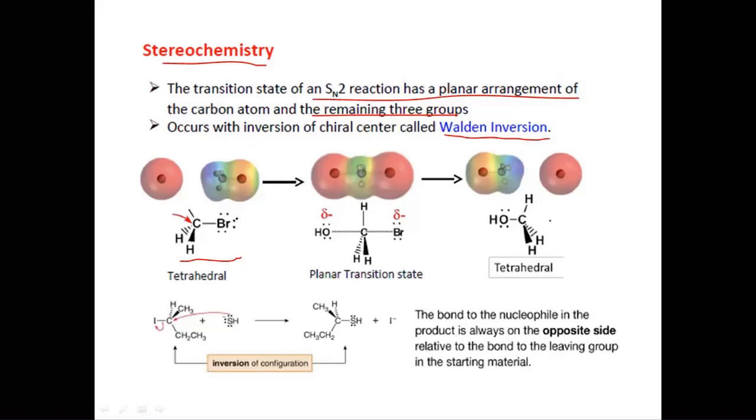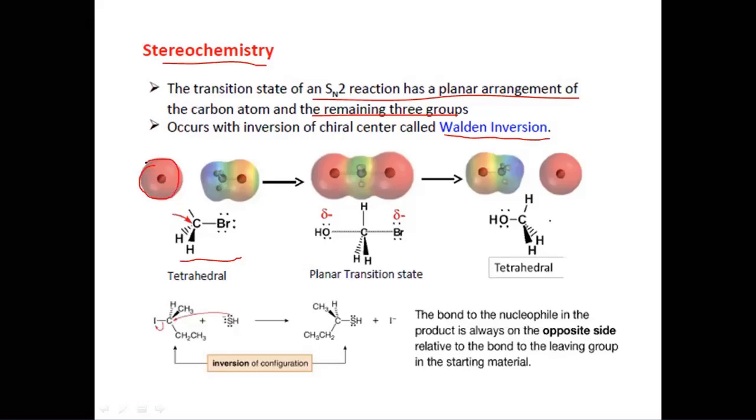But if you are having an optically active substrate, then what type of inversion can one expect? In this case, the carbon has CH, H, and CH2.